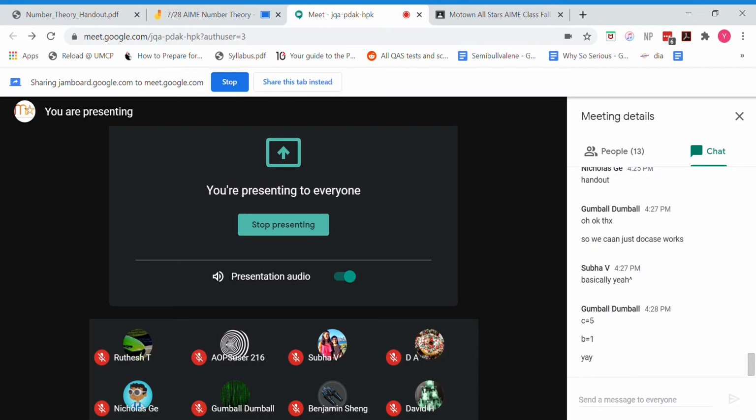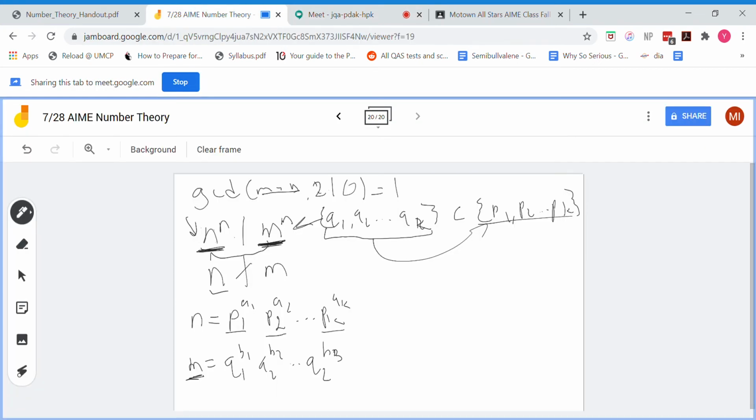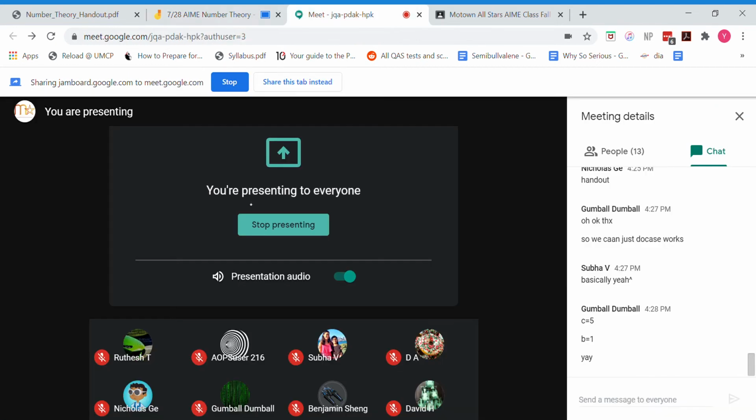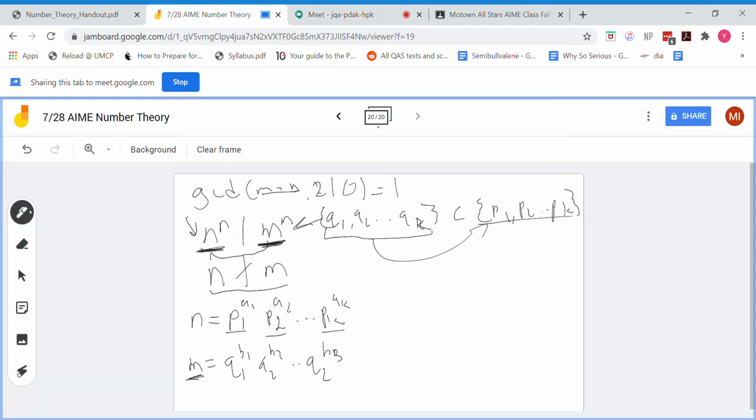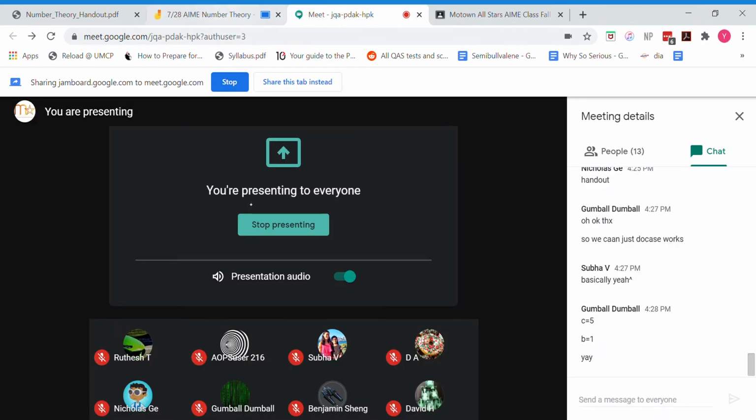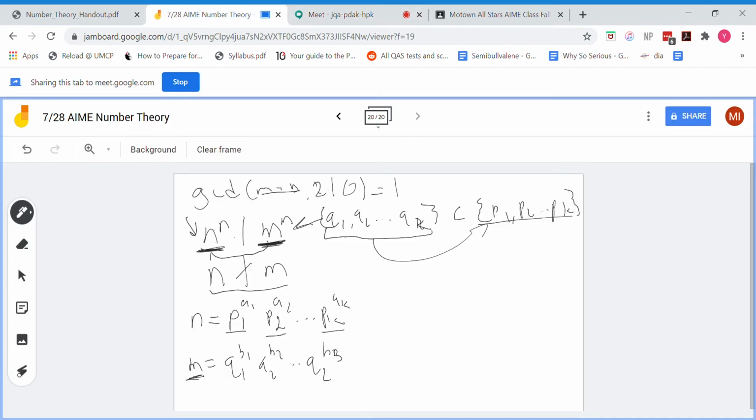So now, how can the second condition be satisfied if that's true? If every prime factor of m is also a prime factor of n, then how can it be that n does not divide m? Well, either n has extra prime factors, which could be possible, or the powers of q in m are less than the corresponding powers of q in n.